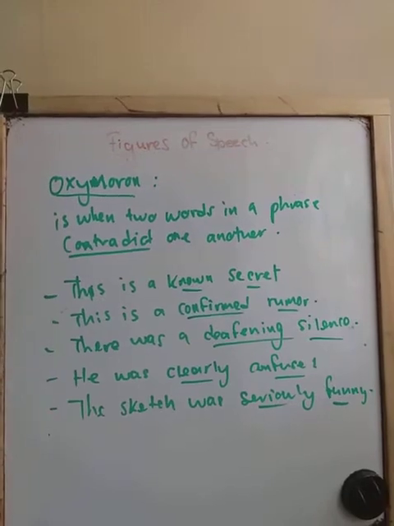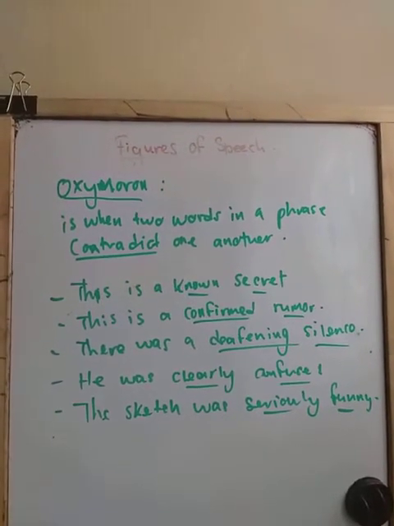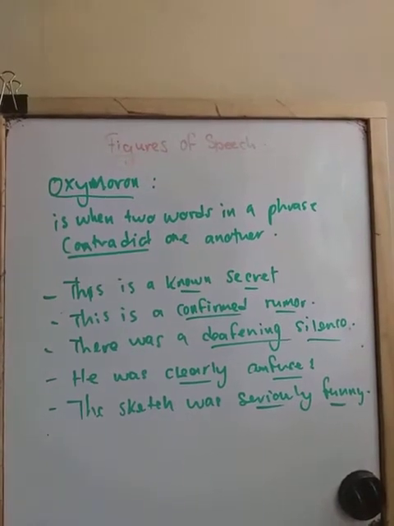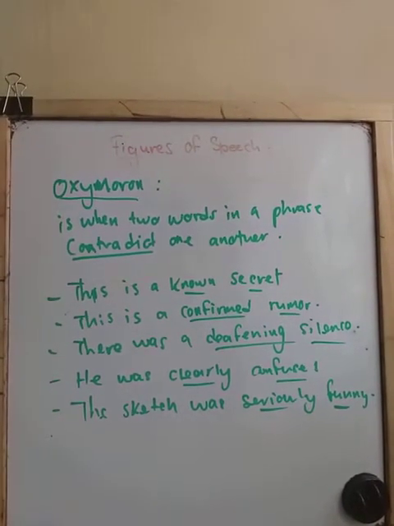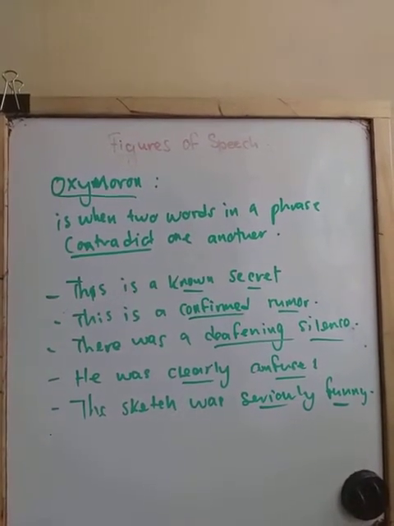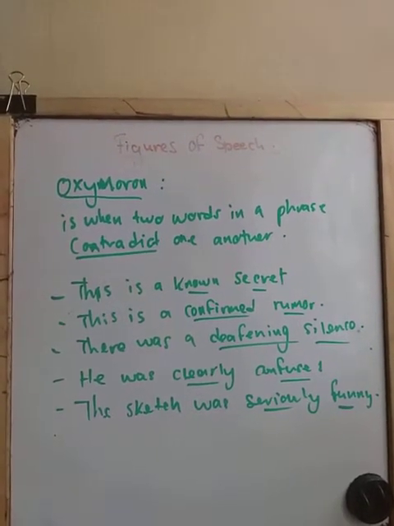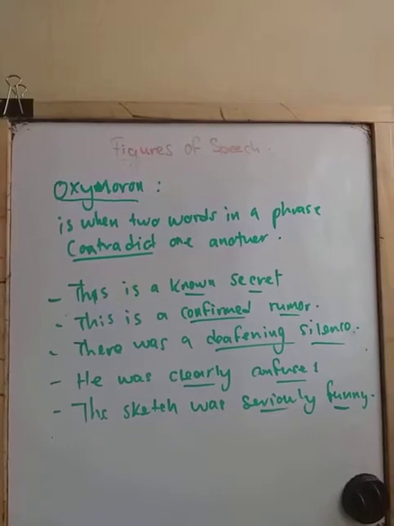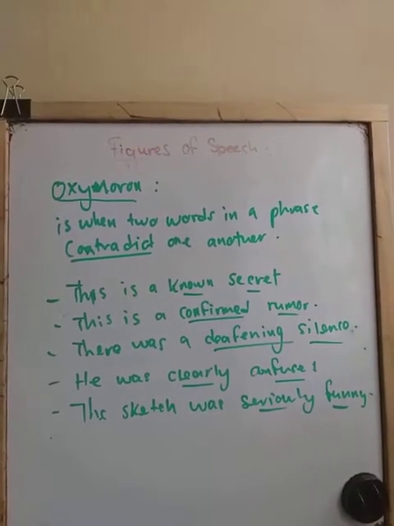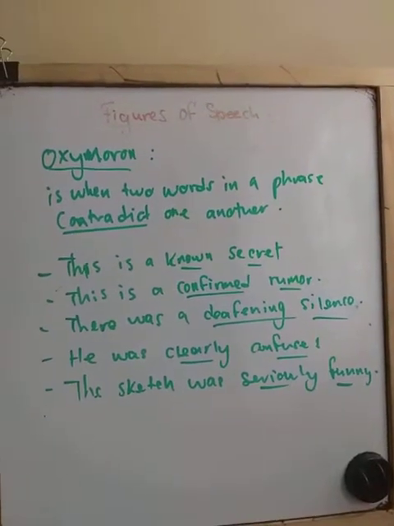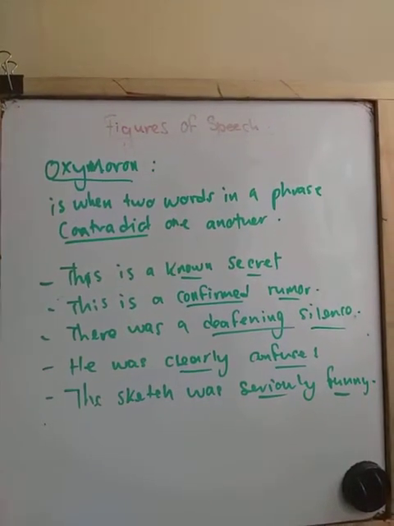So it makes a sentence not correct. I mean, it makes it funny, and the words known and secret usually cannot go together because they are contradictory, or they are contradicting each other. Okay, let's see another example of an oxymoron.